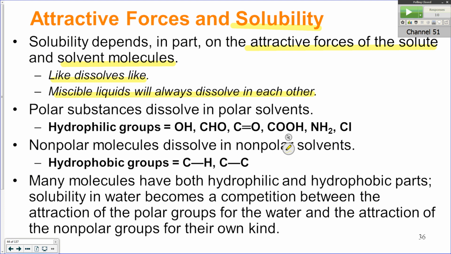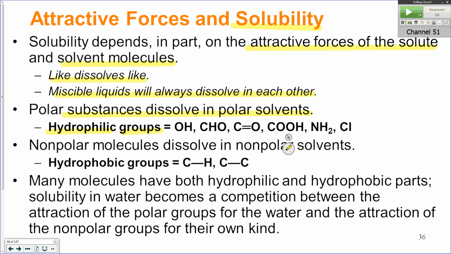Polar substances are going to dissolve in polar solvents. A common way we classify a polar substance is the presence of hydrophilic groups. Hydro means water, philic means loving, so water loving.